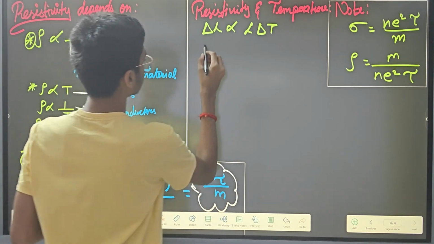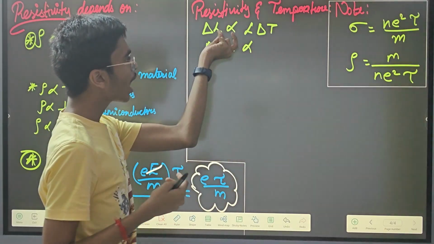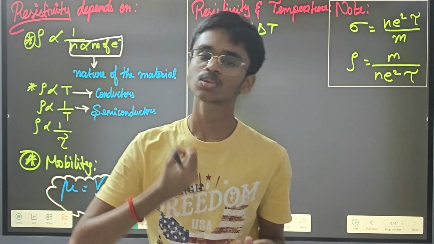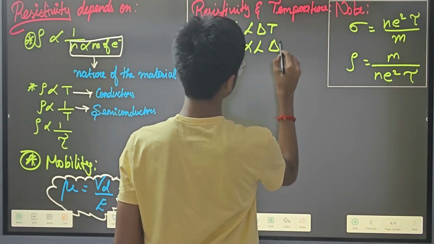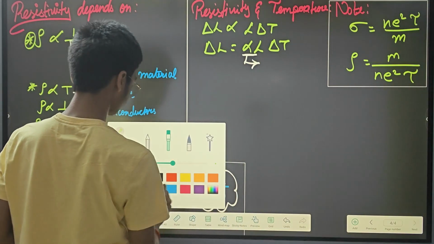So here delta L is equal to alpha. You have to remove this proportionality, and for that you have to put a constant, and here the constant is alpha. So alpha into L into delta T. This alpha is the thermal coefficient.